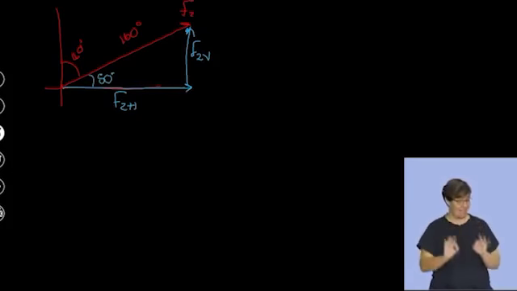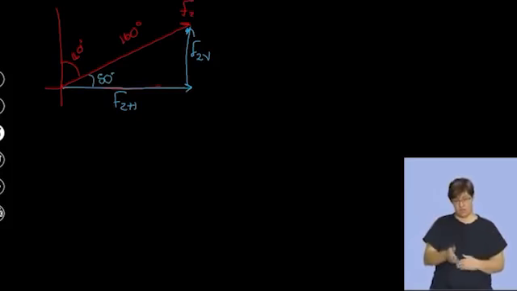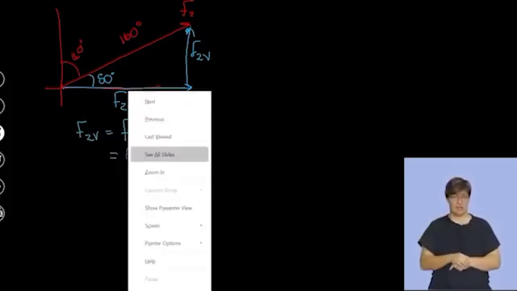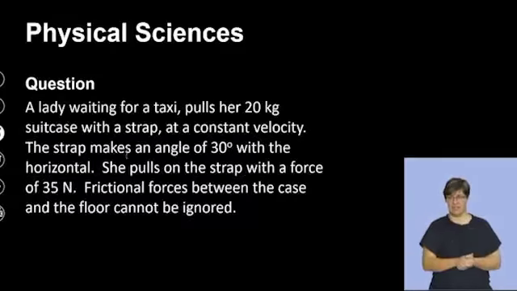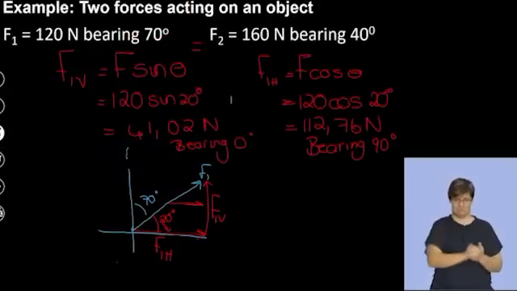Be very careful. Starting with the vertical, it's opposite, so we're going to use sine. So F2 vertical is F2 sine theta. Oops, sorry about that. Let's just go back to where we were.